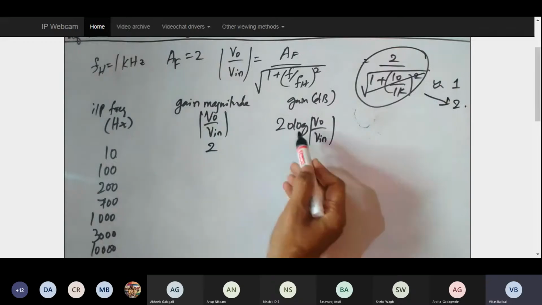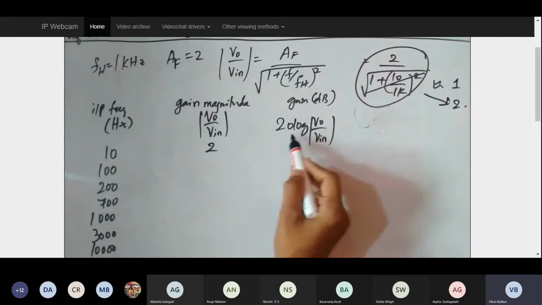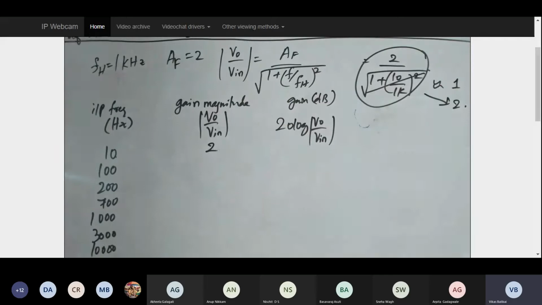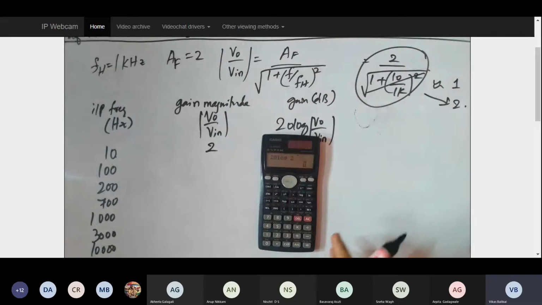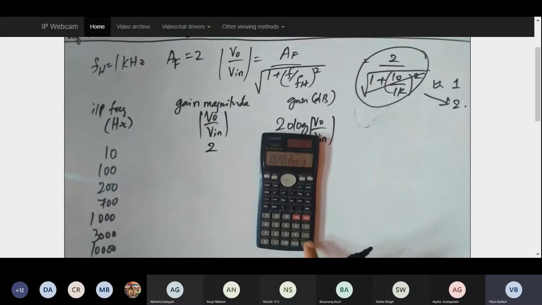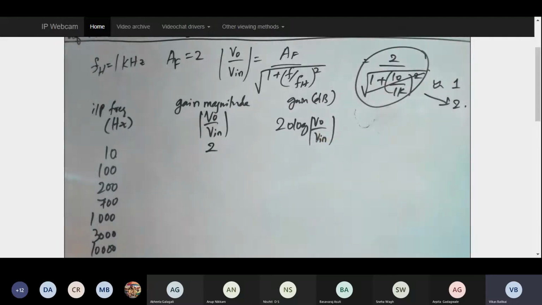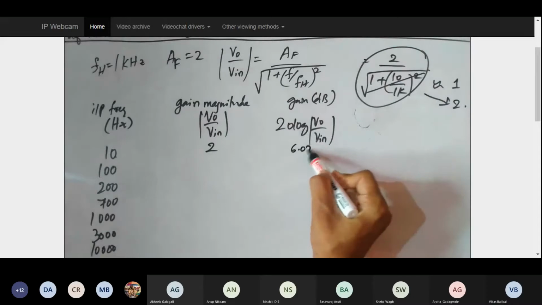Now I'll convert this into dB. 20 log of this, if I do that immediately in the calculator, 20 log of 2. As you can see, 6.02. So I'm going to mention over here 6.02 dB.